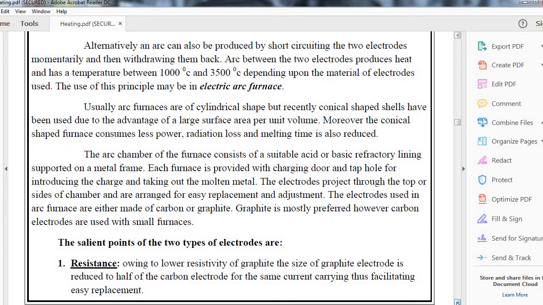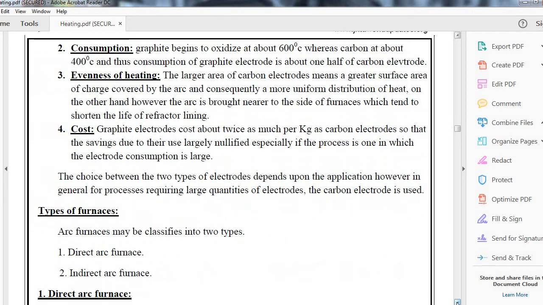Owing to the low resistivity of graphite, the size of graphite electrodes is reduced to half of the carbon electrode for the same current carrying, thus facilitating easy replacement. Consumption. Graphite begins to oxidize at about 600 degrees Celsius, whereas carbon oxidizes at about 400 degrees Celsius, and thus the consumption of graphite electrodes is about one half of the carbon electrode.